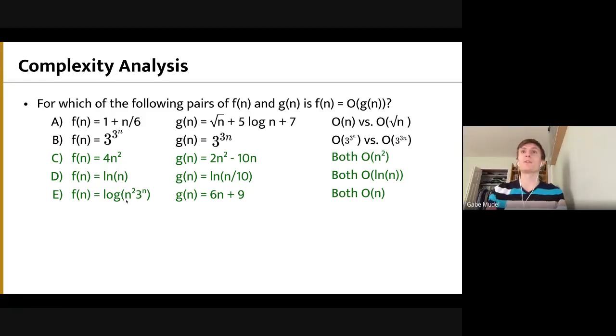This one is where you really have to think about log properties. So log of n squared times 3 to the n is 2 log n plus n log 3, right? So we have 2 log n plus n log 3.